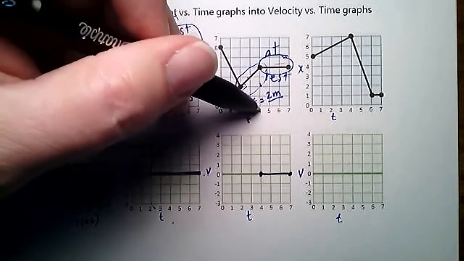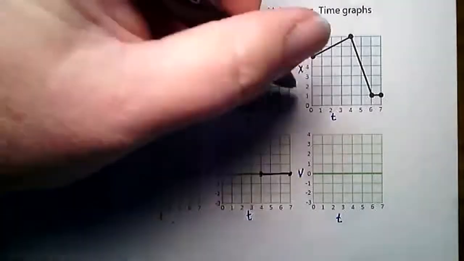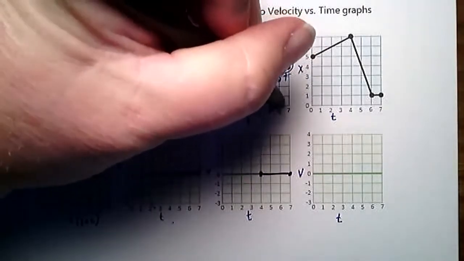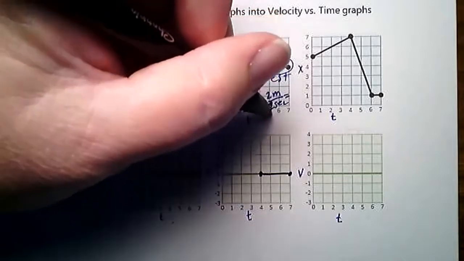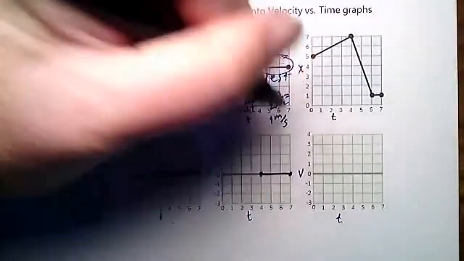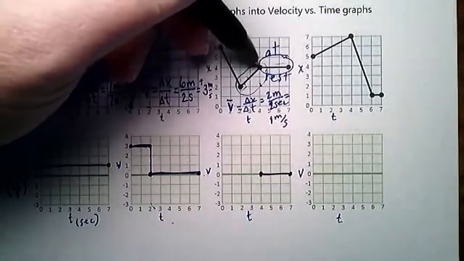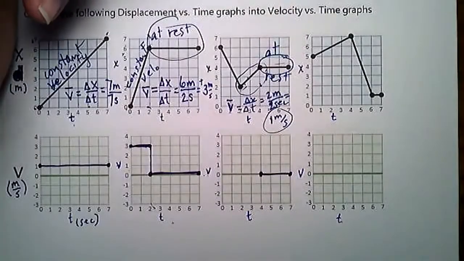Well, I went from 2 seconds to 4 seconds, so my change in time, my delta t, is 2 seconds. This is some pretty tough math. 2 meters divided by 2 seconds means it's 1 meter per second. So I know that my velocity during this period of time is 1 meter per second.